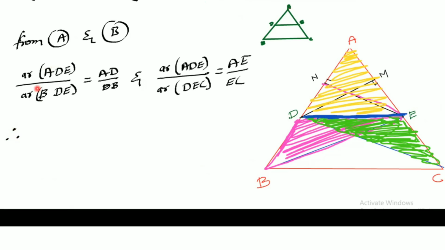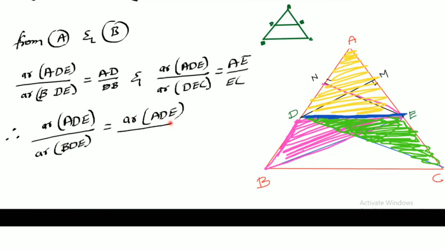Therefore, area of ADE divided by area of BDE is equal to area of ADE divided by area of DEC, because the denominators are the same, and in the numerator it was already the same.